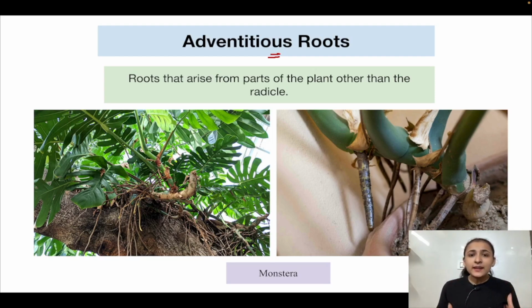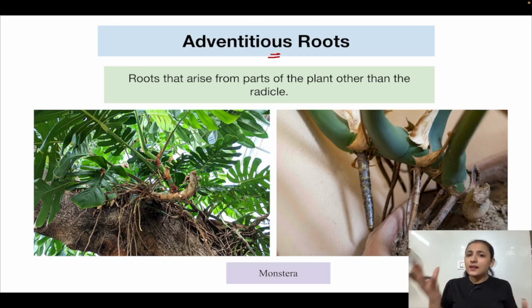Now you might think that in the fibrous root system, the roots are present underground, and initially we saw that the primary root is also there, which is short-lived, and the primary root is arising from the radicle. But we know that the primary root is short-lived in the fibrous root system. So once it is replaced by the other roots, those other roots form the fibrous root system.